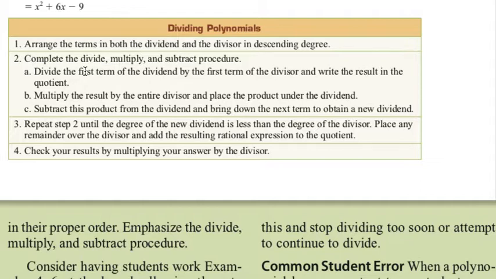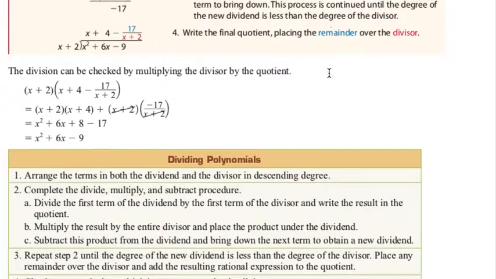This is what happens when you're dividing a polynomial not by a monomial, but by a binomial. Then multiply the result by the entire divisor and place the product under the dividend. Subtract this product from the dividend. It's just like doing our long division.